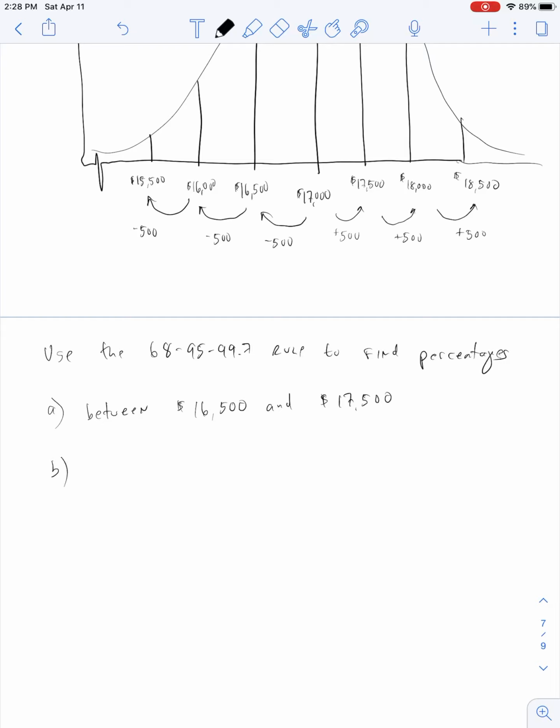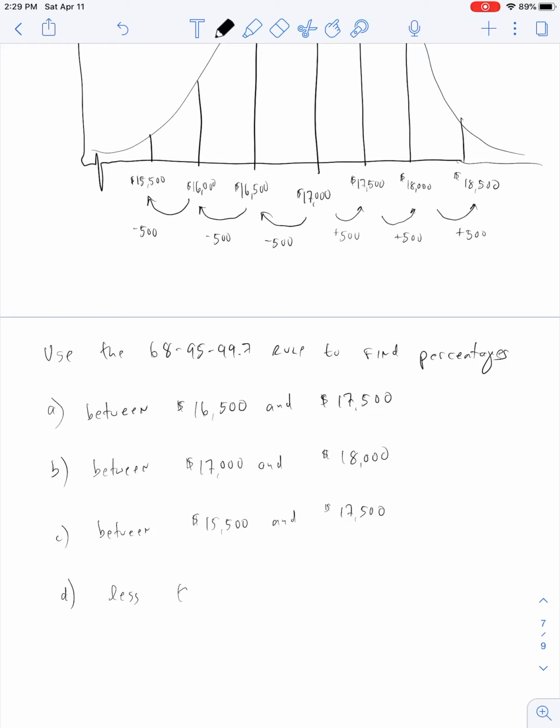Example B: between 17,000 and 18,000. C: between 15,500 and 17,500.